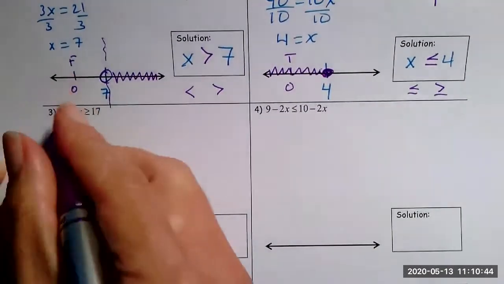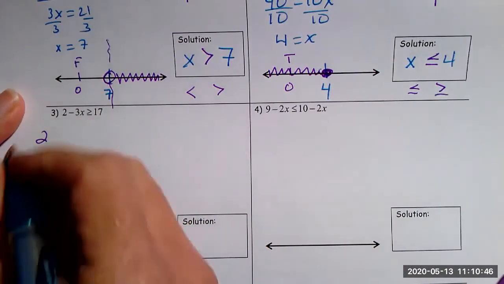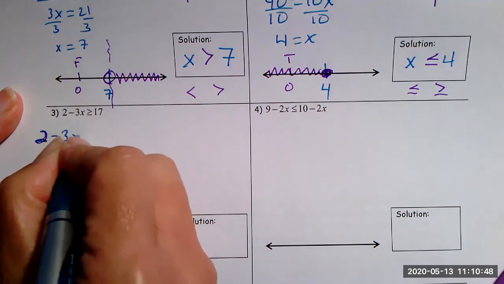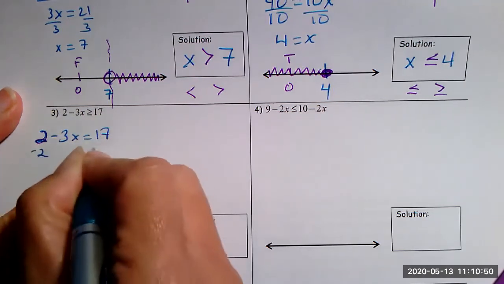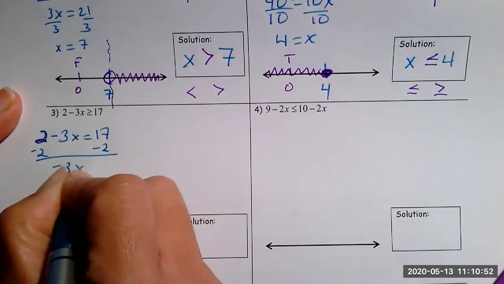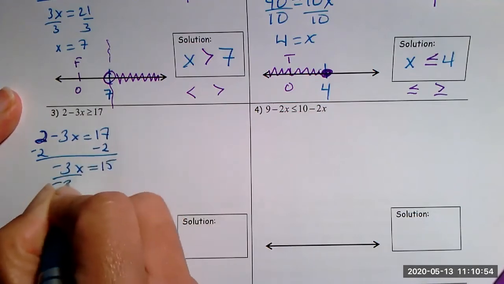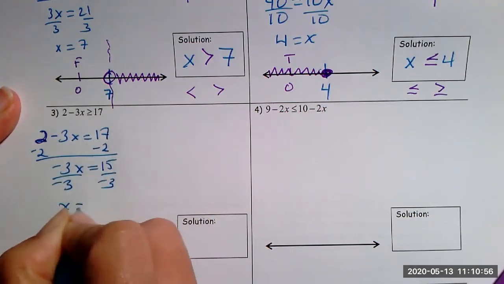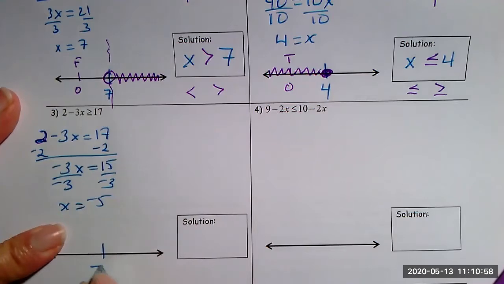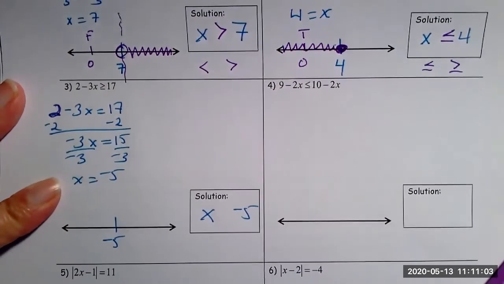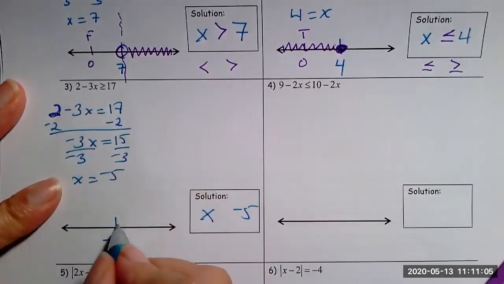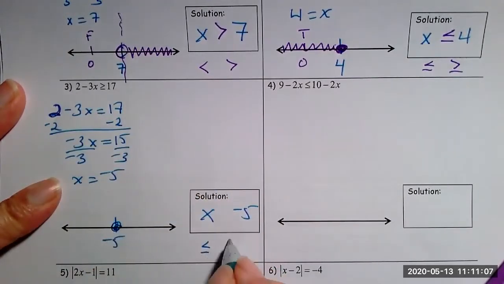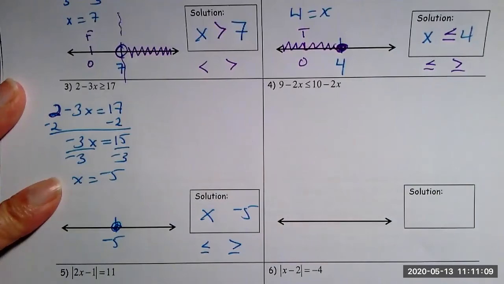So I'm going to just continue on doing it the same way. Keep with my colors. Minus 2 from both sides. Divide by negative 3. So x equals negative 5. That's going to go here. I'm going to put that there. All right. I'm going to make my dot solid now, so I know it's going to be either this or this. I don't know which one yet.